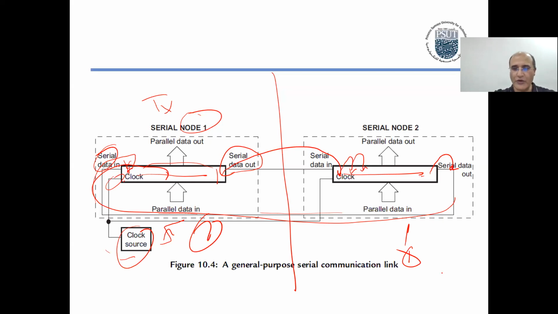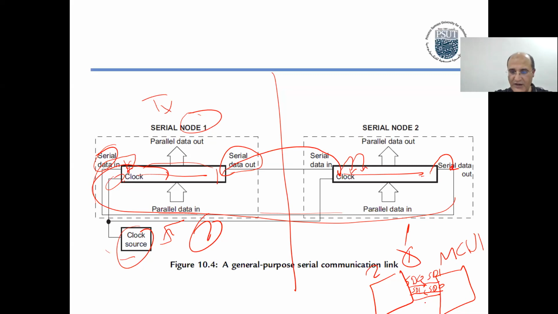So if two controllers, microcontroller 1 and 2, are going to talk with each other, how many lines do you need to connect between them to be able to speak? Serial data out, you connect to serial data in over here, and in the other direction, serial data in will be connected to serial data out here.